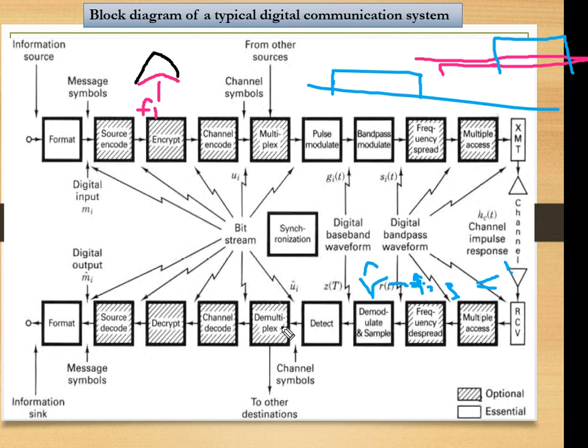After you detect, if you use multiplexing, you can use demultiplexing, the opposite. I told you, if you use channel encoding, you need also to do channel decoding. Here, the responsibility of this block is to reduce the amount of errors. Detect the error and correct it.